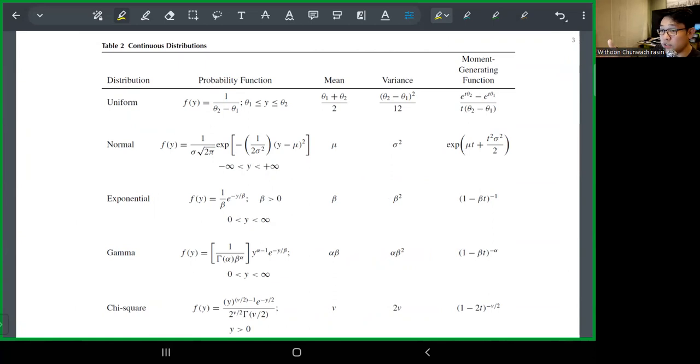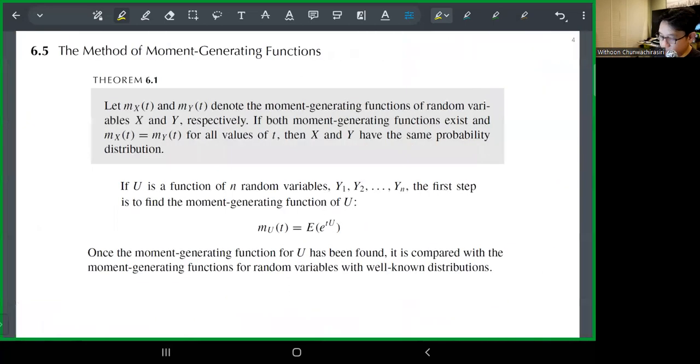So we already learned about that. So what does the third method mean? We're going to look at the method of moment generating functions. I can give you a spoiler alert here: because we know already how useful the moment generating function is going to be, let's take a look at this theorem one more time.